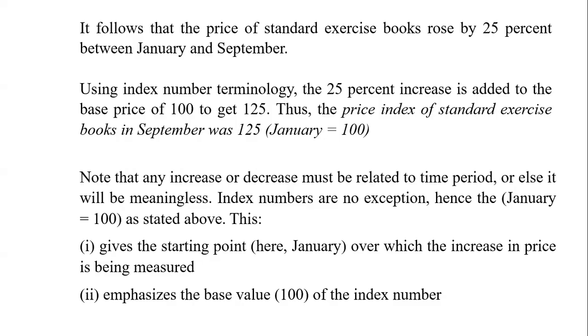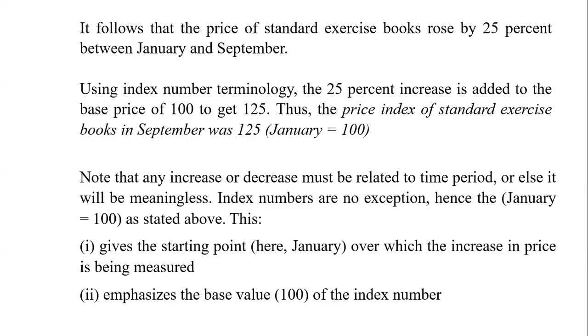Using index number terminology, the 25% increase is added to the base price of 100% to get 125%. That is, the price index of standard exercise books in September was 125% of the January one. If you are just talking about the percentage change in price, then you say 25%.